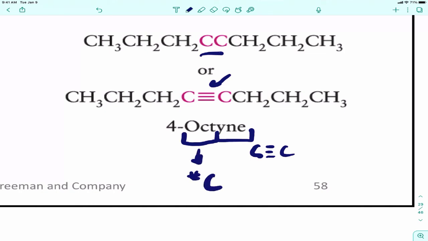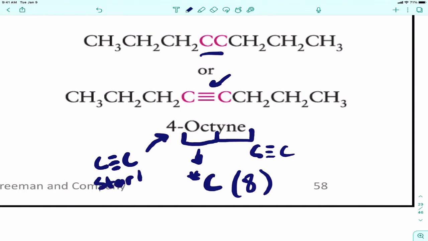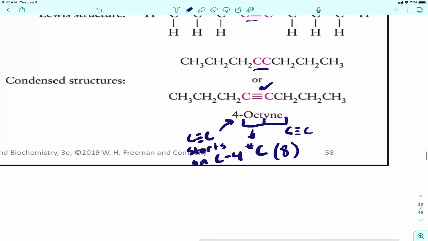In this case, we've got 8 carbons. The locator, the 4, tells us that the triple bond starts on carbon 4. So the naming of an alkyne is very similar to an alkene. You just replace the ENE ending of an alkene with YNE.